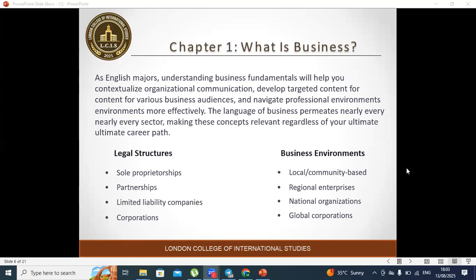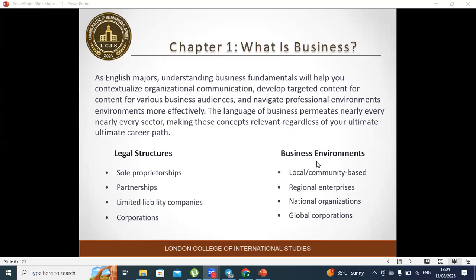Limited liability companies, a lot of companies work like this. LLC, which means you can work in one country only. Corporations, just like when you try to make your business bigger, you can make a corporation, and this is a legal structure.